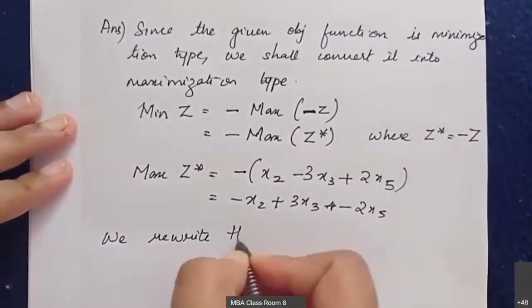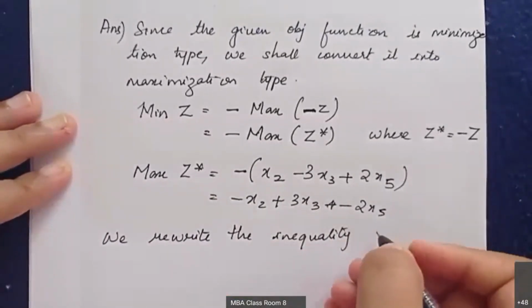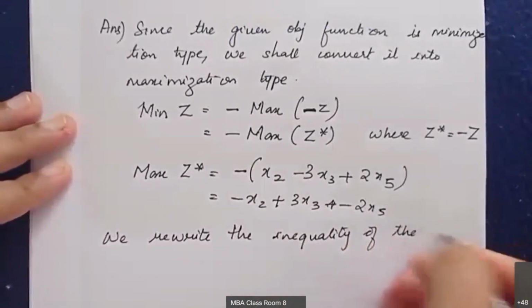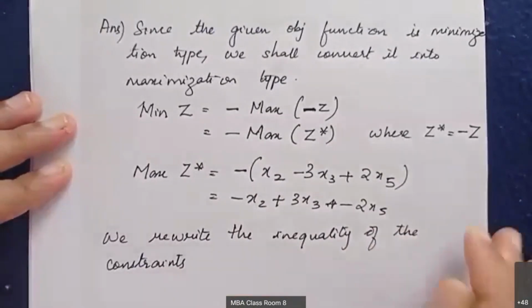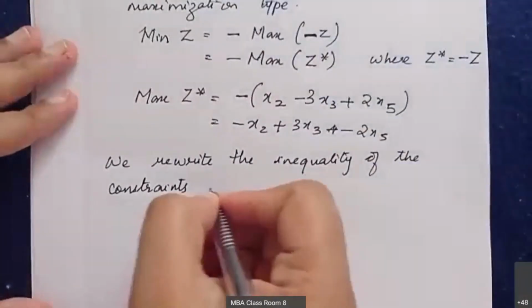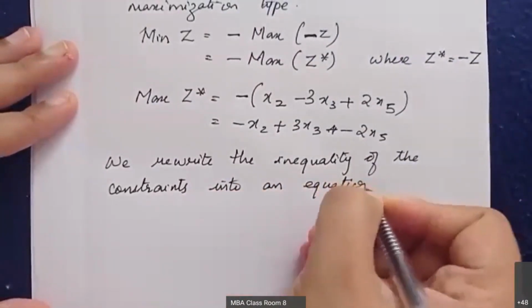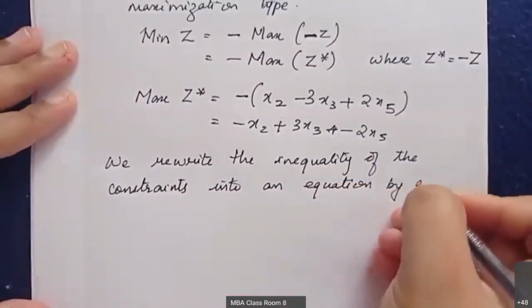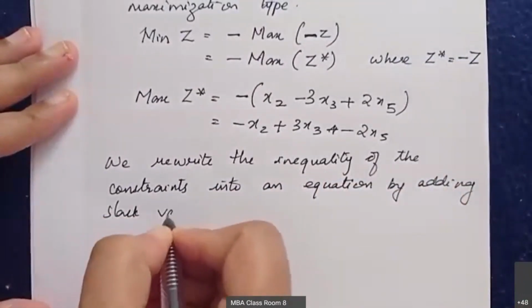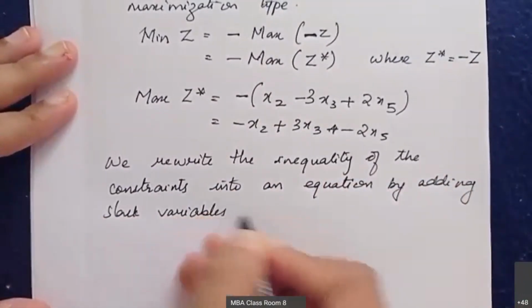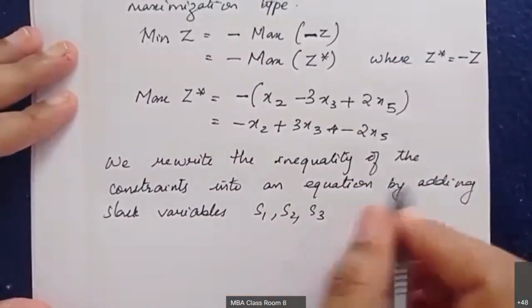We rewrite the inequality of the constraints into an equation by adding slack variables S1, S2, S3, because we have three constraints, right?